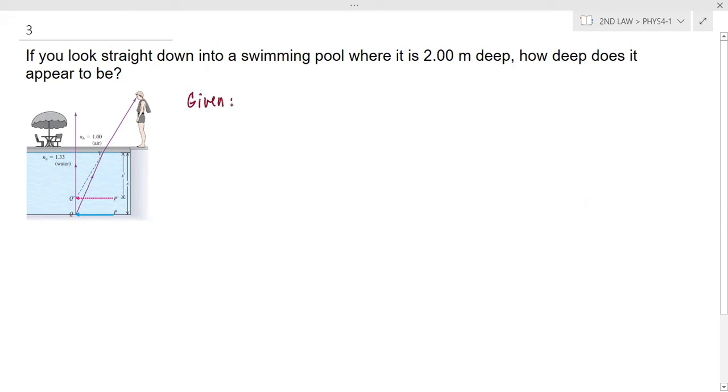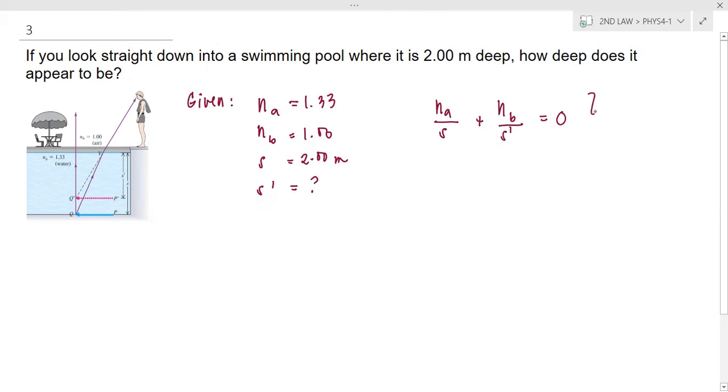These have a different process in solving compared to our two previous examples. This involves refraction, so we have a different formula in order to solve for our image depth. You are going to use this formula if there are two mediums. In this case, we have the air and the water.